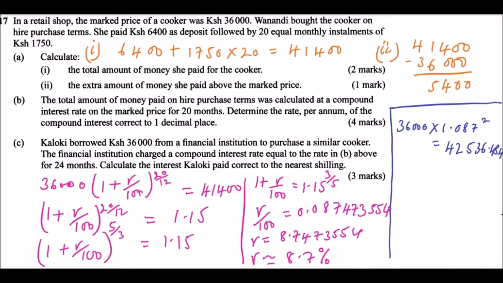So when you get that, then you subtract. That is the amount you would pay. Then you subtract 36,000 from that. So you can say it is 42,536.484, you subtract 36,000.